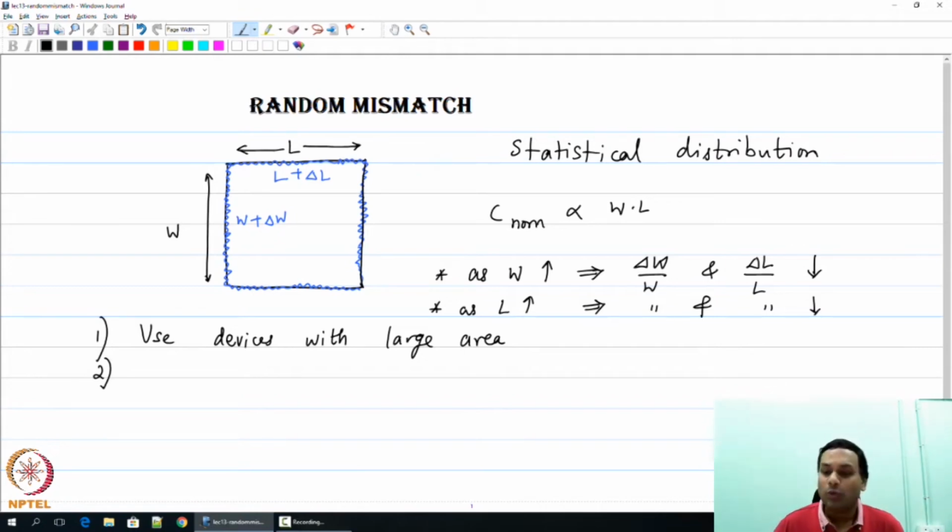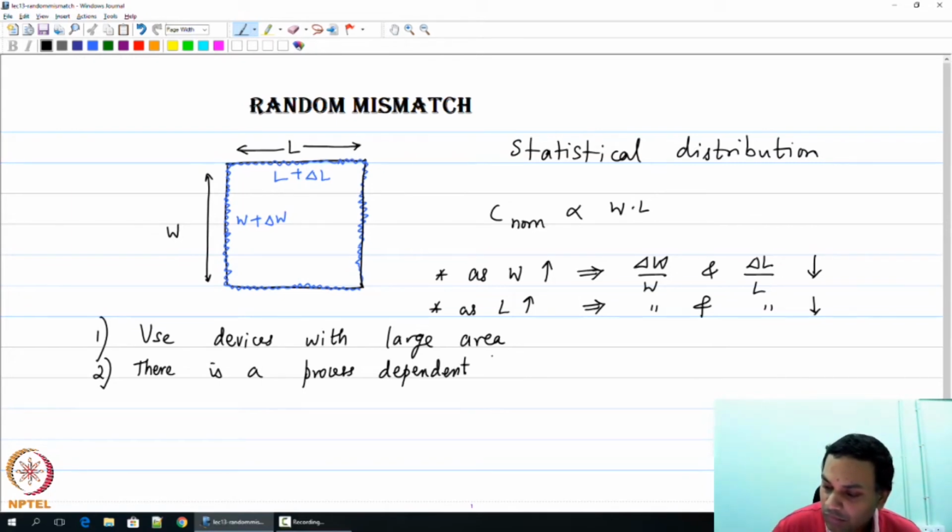Now the second thing I wanted to point out, there is a process dependent effect. What do I mean by this? Of course, this is due to microscopic irregularities in the edges. If I do a more finely controlled process, or maybe in a different way, I may find that delta L by L and delta W by W is already smaller to begin with.